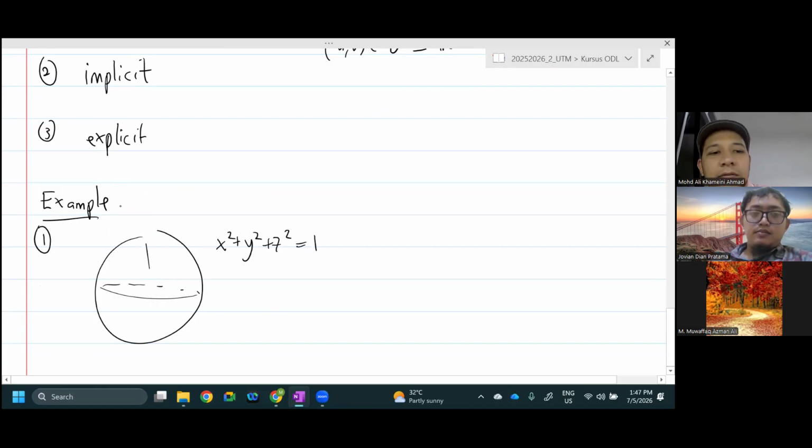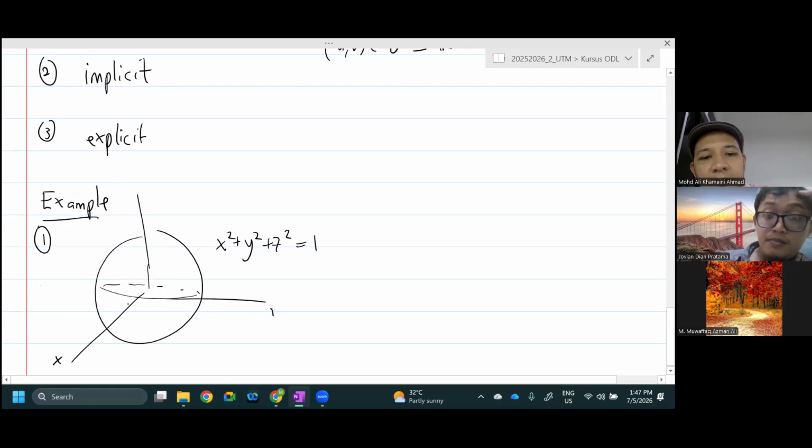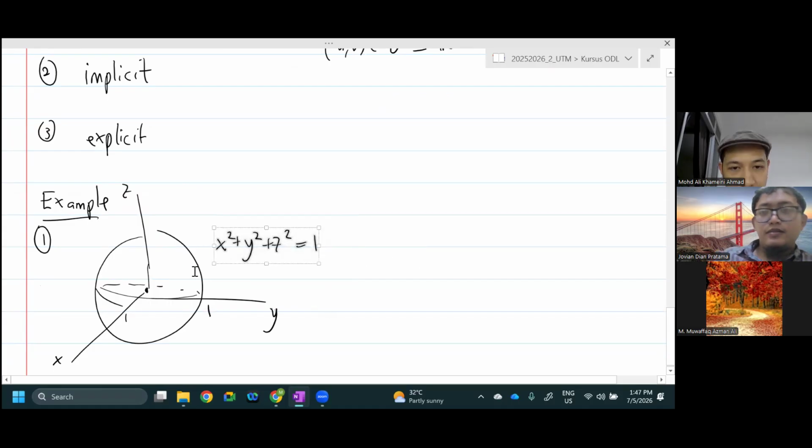Okay. A sphere in the space x, y, and z. So you have center 0, 0, 0 with radius 1 here. Okay, radius 1. So if you have this one, how can we parameterize this surface?